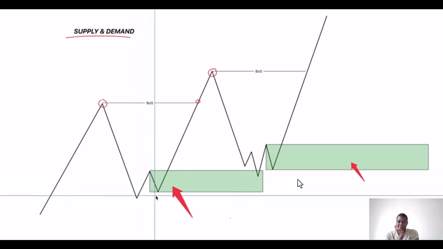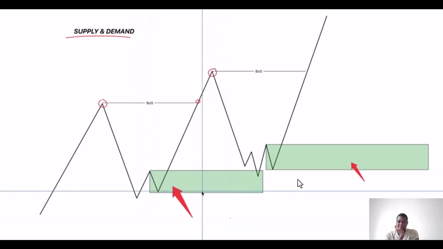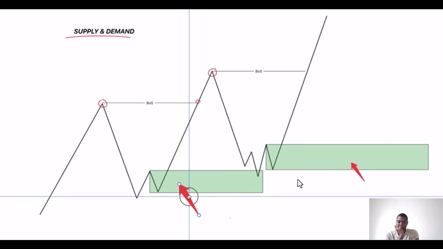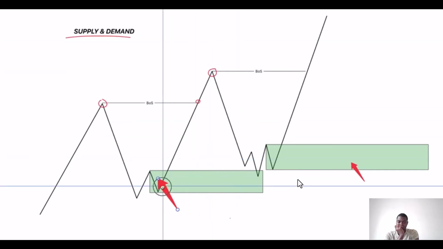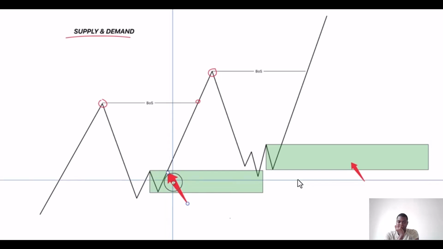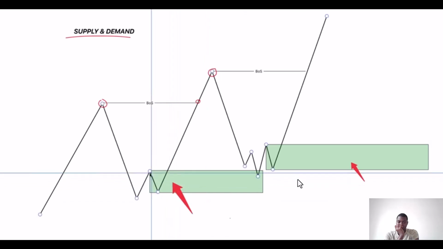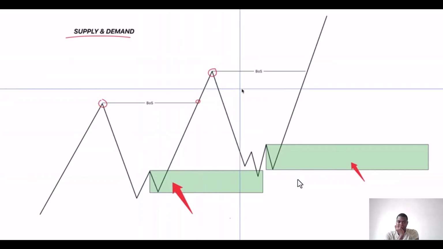So more people that want to buy is pretty much equivalent to the demand to buy. So another way of saying more people want to buy is saying there's high demand. Okay, there's a lot of demand for buying this asset. When we see a corrective move bottom out, we then see what we call a demand zone a lot of the time, which is basically an area where the market has very temporarily gone sideways or consolidated before a large impulse to the upside.